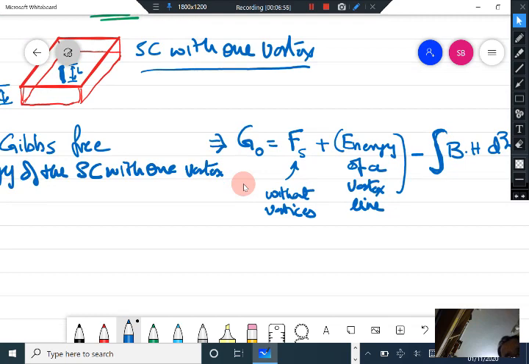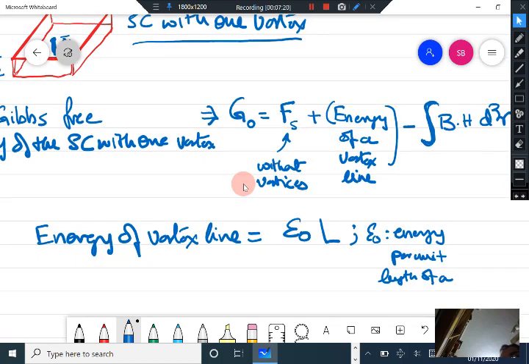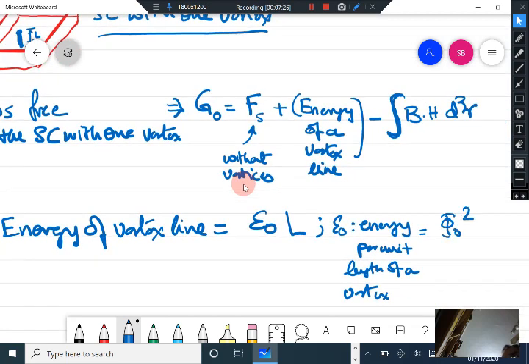Now the energy of the vortex line will be nothing else but E naught times L, where E naught is the energy per unit length of a vortex, and this was equal to phi naught squared by 4 pi lambda squared mu naught, log of lambda by xi.